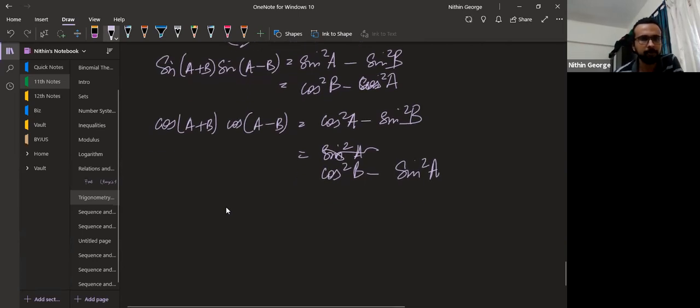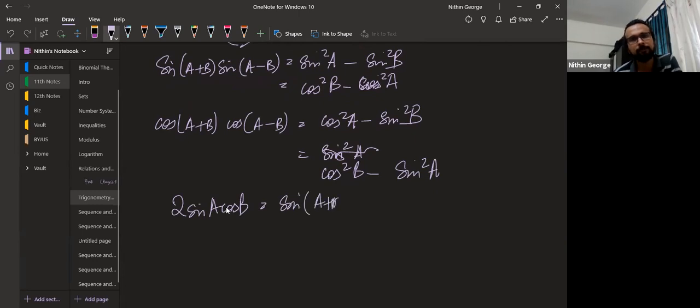The next formula would be 2 sin A cos B. I can write that as sin A plus B plus sin A minus B. 2 cos A cos B, what will that be?